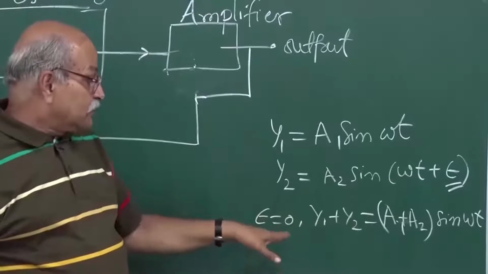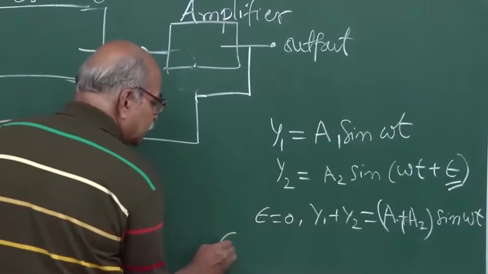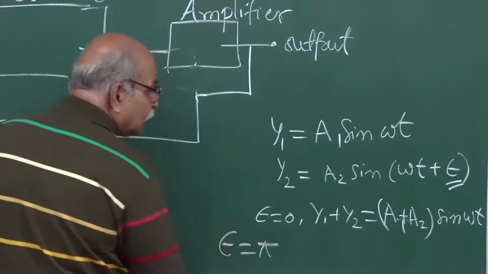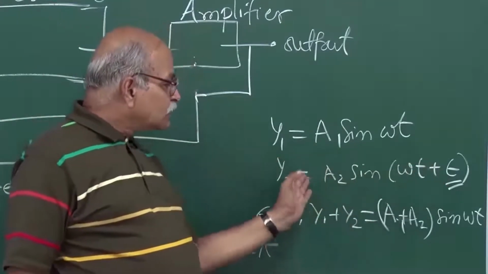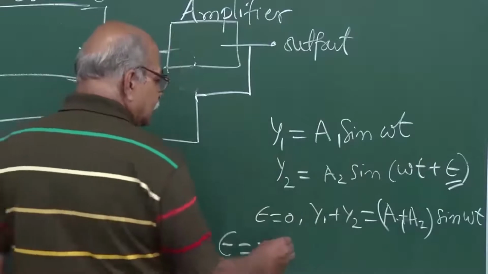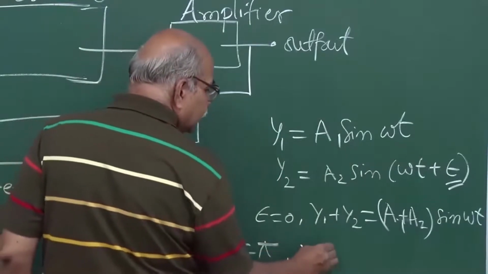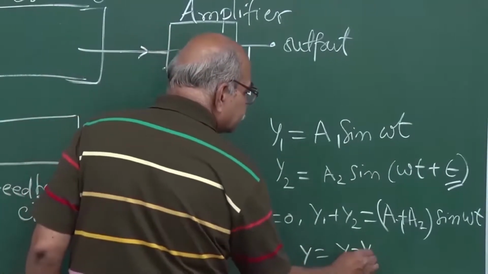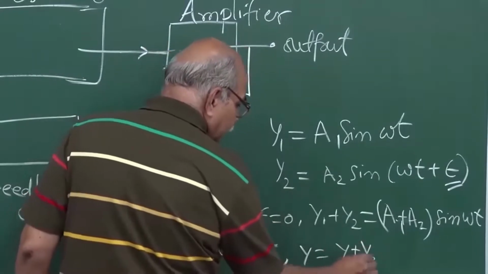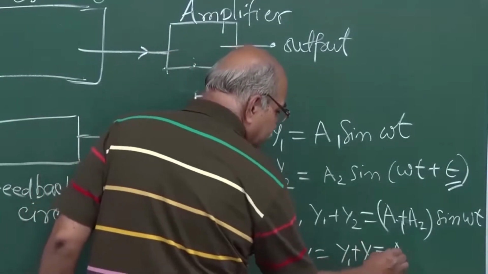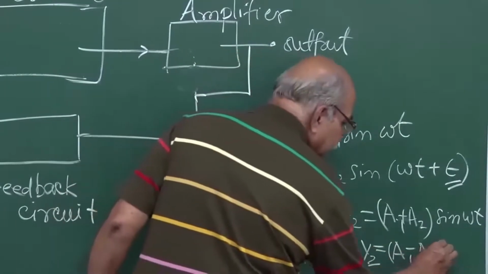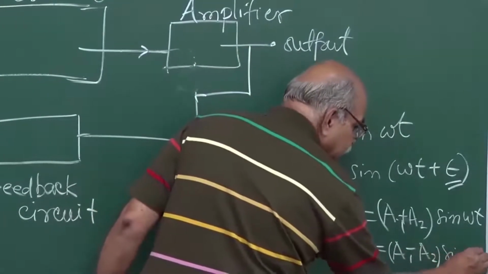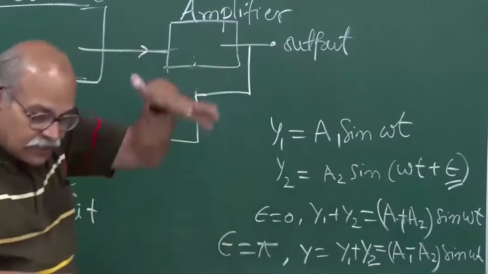But if suppose epsilon is pi, in that case sine of omega t plus pi is equal to minus sine omega t, and then y will be y1 plus y2, but this will be a1 minus a2 times sine omega t. So your amplitude has actually decreased.